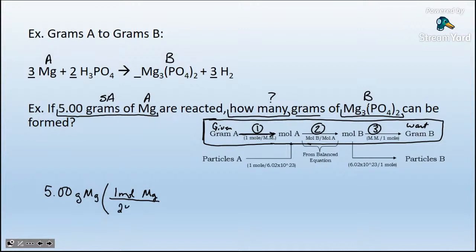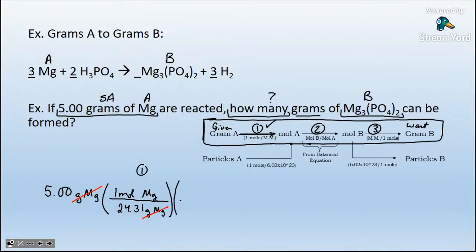Molar mass, again, from the periodic table is 24.31 grams of magnesium. And if you're not using the roadmap, again, you should recognize that in my conversion factor, grams magnesium need to be in the denominator so that those units cancel out, leaving me with moles of magnesium. So that's step 1.